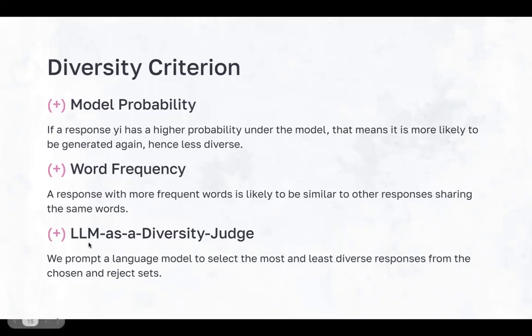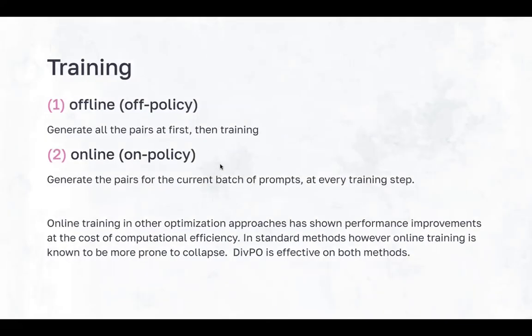Third is LLM as a diversity judge. We prompt a large language model to select the most and the least diverse responses from the chosen and rejected sides. Here are 3 methods we can use. For training, DIVPO supports 2 kinds of training.